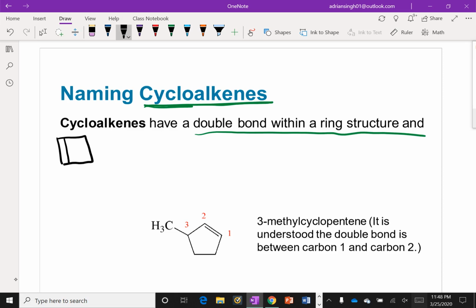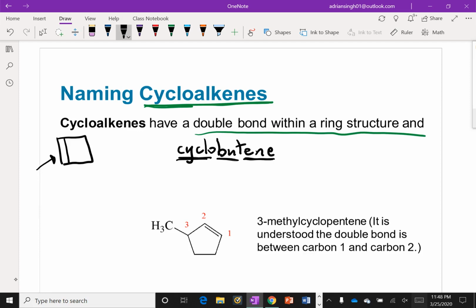So 4 carbons in a ring would be cyclo, that's a ring. There are 4 carbons in a ring, the prefix for 4 is but, and now we have a double bond here, which would give us that ene. So a ring structure with 4 carbons with a double bond in it.